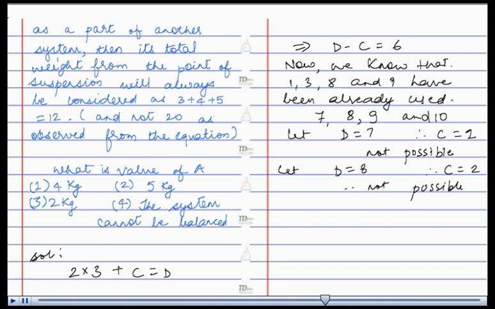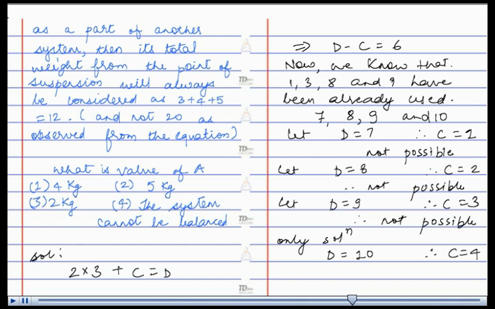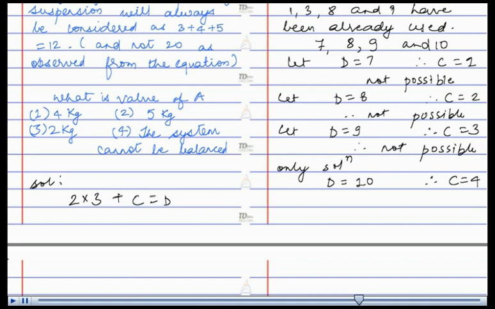Let D is equal to 9. Therefore, C is equal to 3, which is again not possible as weight 3 is already used. The only solution remains D is equal to 10, therefore C is equal to 4. Now, weights D and C are found as 10 and 4 respectively.